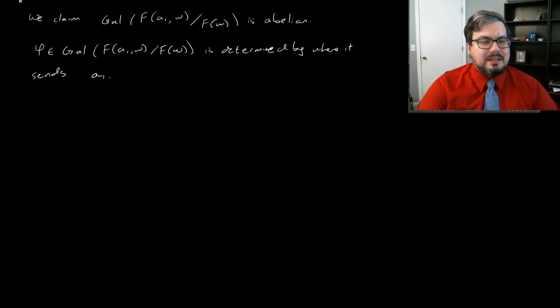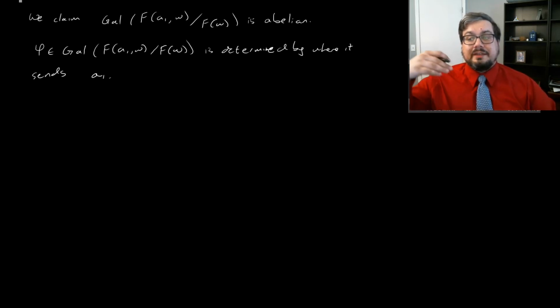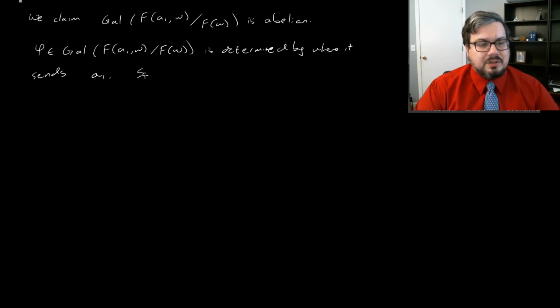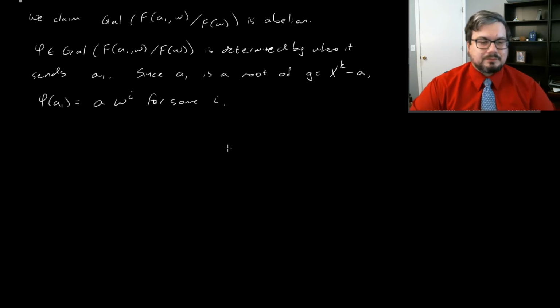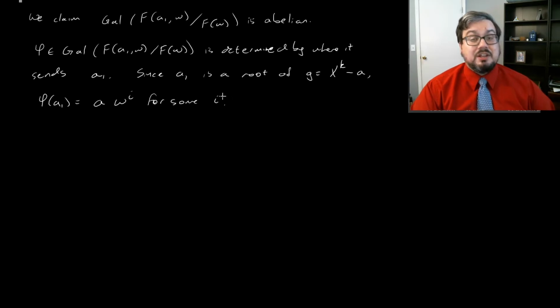So we have, as we mentioned before, that a1 times omega to the various powers are distinct roots of g. Since a1 is a root of g, which remember was the polynomial x to the k minus a, we must have that phi of a1 is equal to a1 times omega to the i for some i, because phi must take a root of g to another root of g, and all the roots of g look like this.